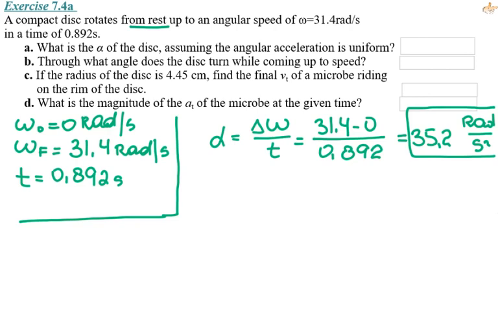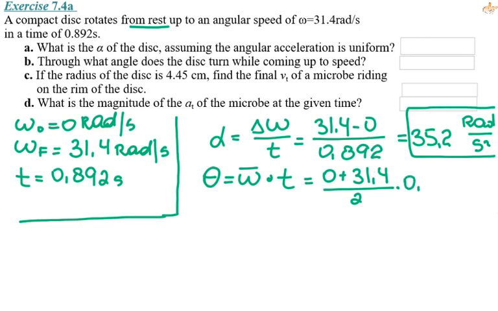So through what angle? That means they asked me about the distance traveled. The distance traveled is average velocity times the time, because the angle now is my distance, it's angular distance. So I have the initial velocity plus the final angular velocity, divided by 2, times the time. And that gives me the angular distance that it travels, which is equal to 14 radians.